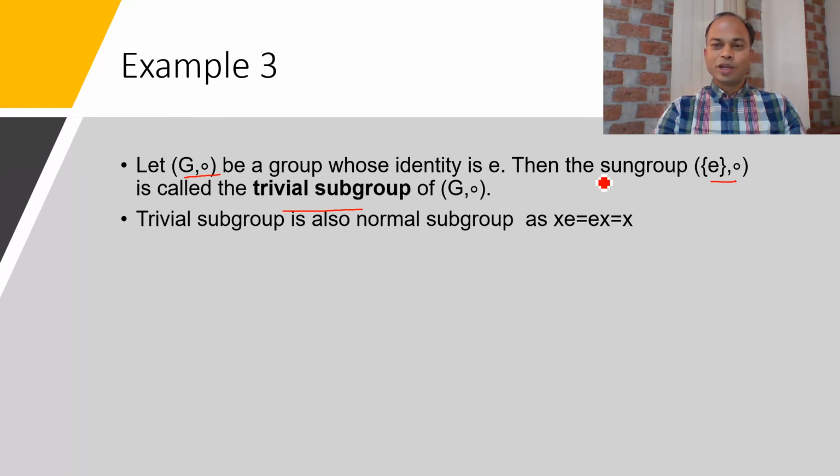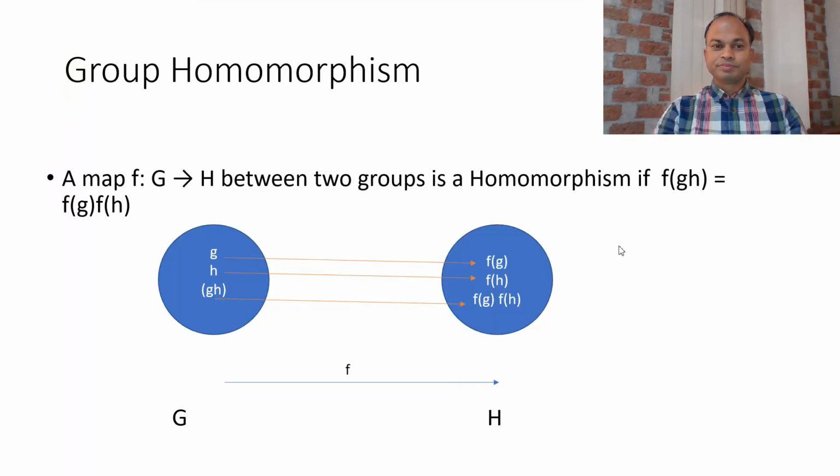Then every trivial subgroup is always a normal subgroup, because say we are taking element x and x is multiplied by e, the identity element, then the value is x. Similarly, identity multiplied by x gives the result x. Therefore, left coset equals right coset.